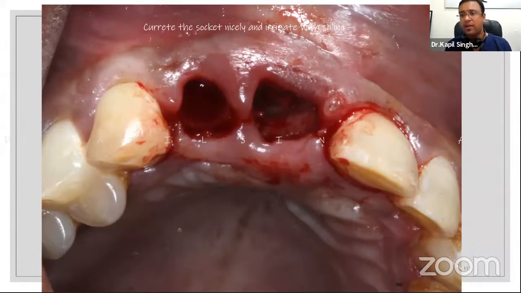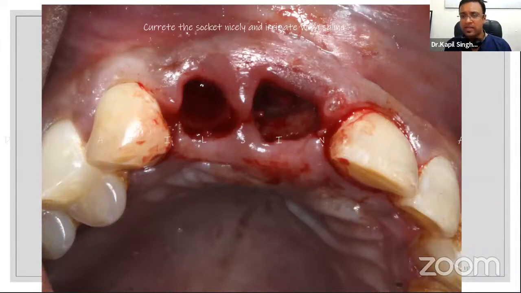Okay, so if a defect is 3-wall or 2-wall, I would place my implant simultaneously and I would graft it also. And suppose the mesial wall and the distal wall are absent and only the palatal wall is present. So will I place my implant simultaneously and graft it? I won't. Why?